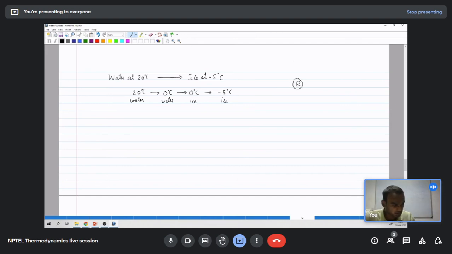So this is atmosphere. The refrigeration system takes heat from the water ice system and pumps it to the atmosphere. During this process, some work has to be done on the refrigeration system. So now this is Q and say this is QH.